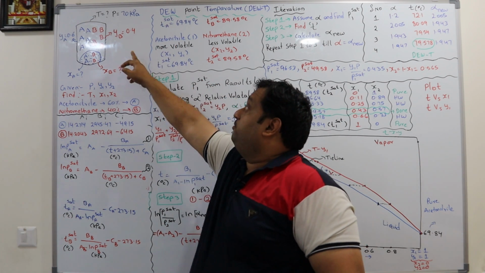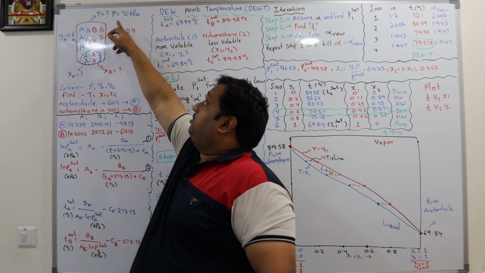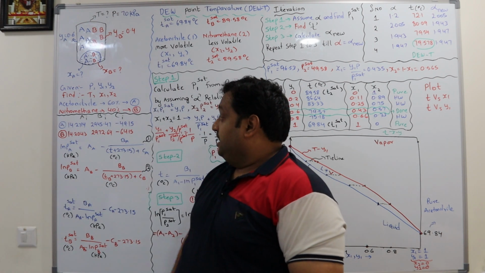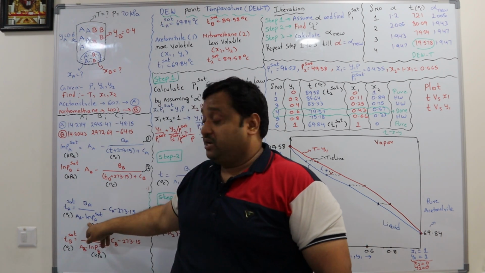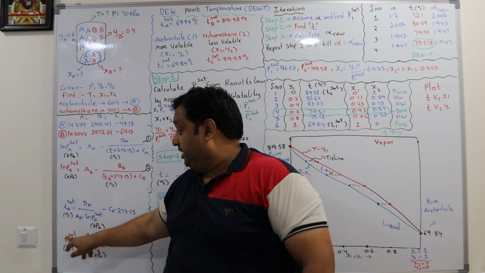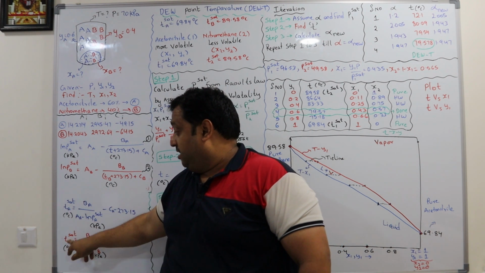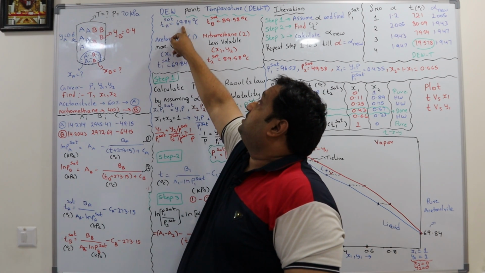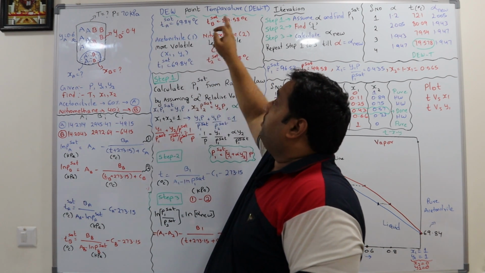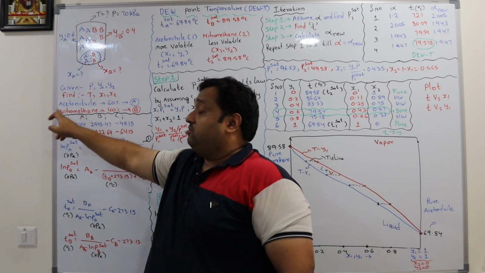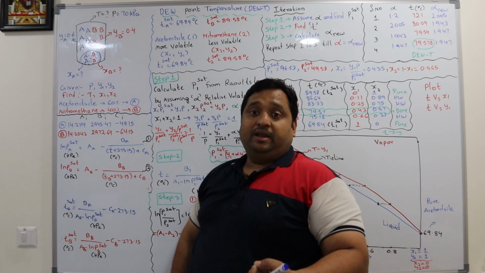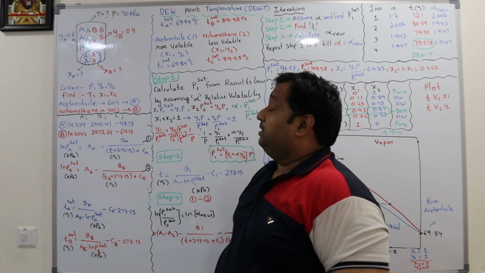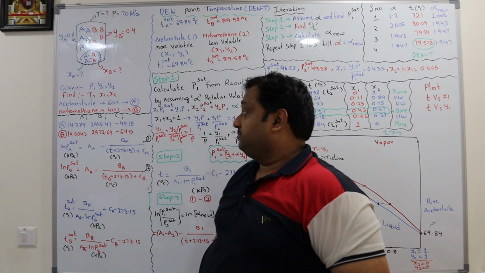As we know, pressure is 70 kilopascals in this container, and if I keep the pressure fixed, we can find the saturation temperature of A and the saturation temperature of B. Saturation temperature of A is 69.84 and B is 89.58. A is the acetonitrile, which means its boiling point is very low, so it is called highly volatile.